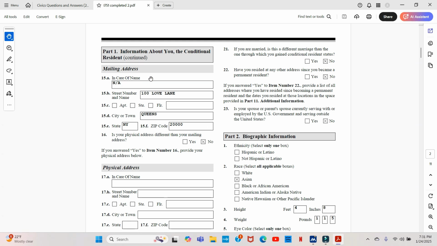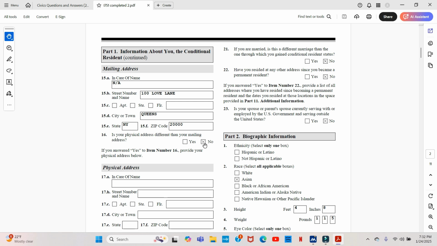Moving on. Mailing address, in care of name if applicable, goes here. Street address. And this is for the mailing address. So you would put the mailing address in this section. Is your physical address different than your mailing address?